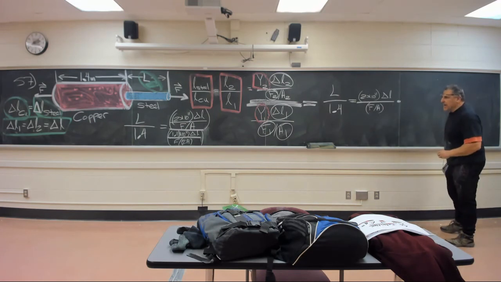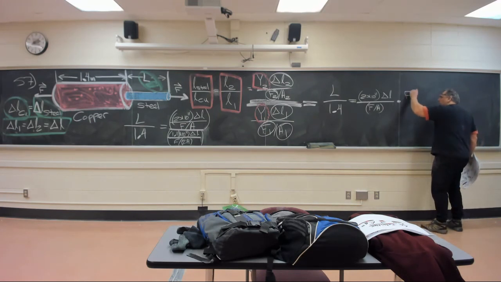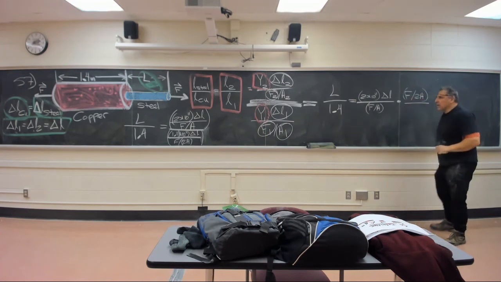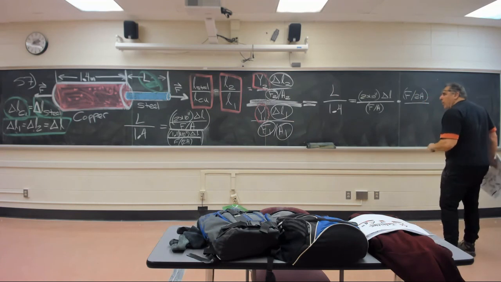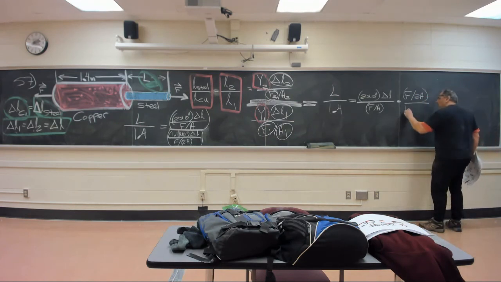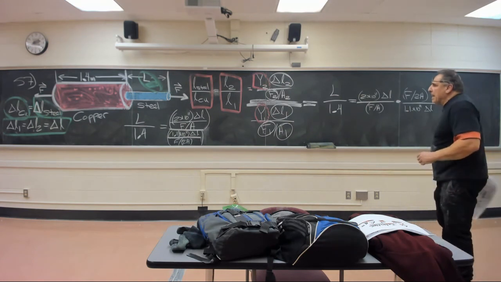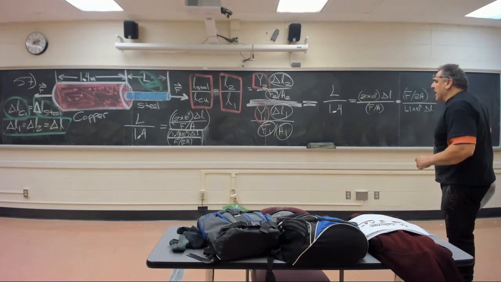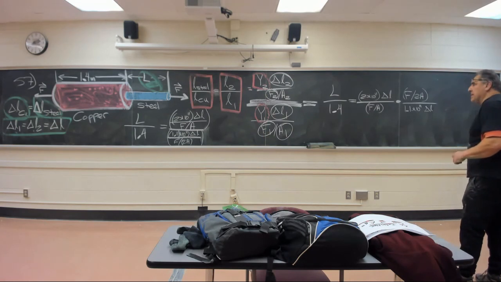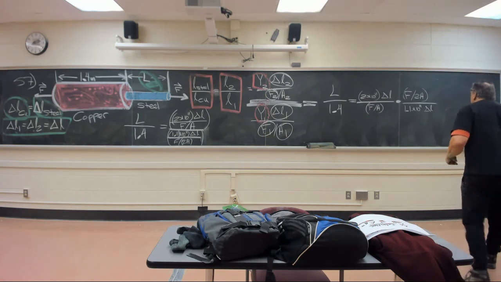You're doing a division now, right, guys? So it goes F over 2A, 1.1 times 10 to the 11th, delta L on the bottom, correct.